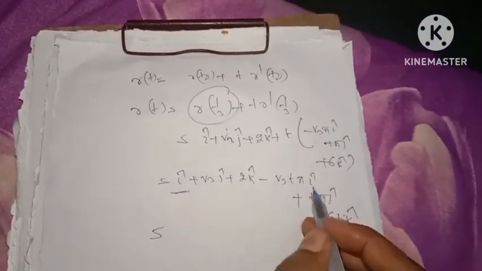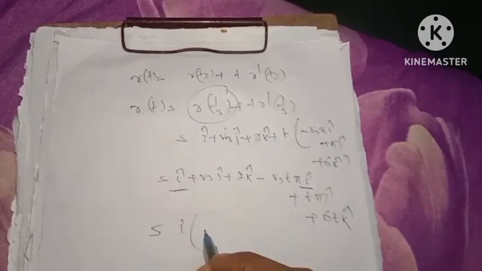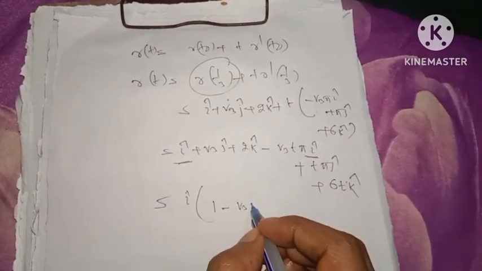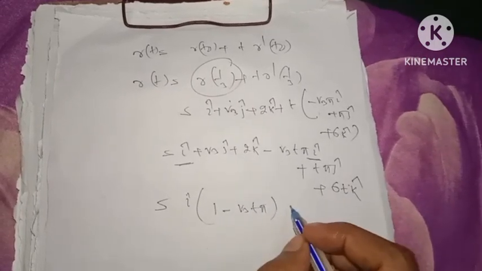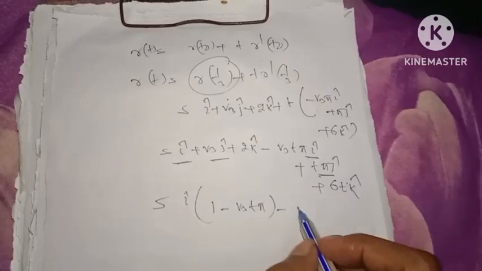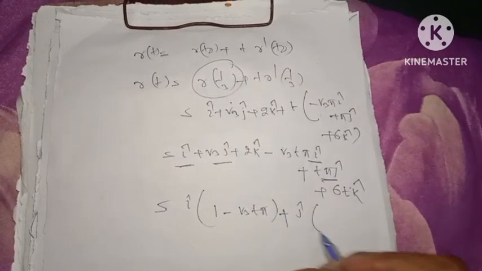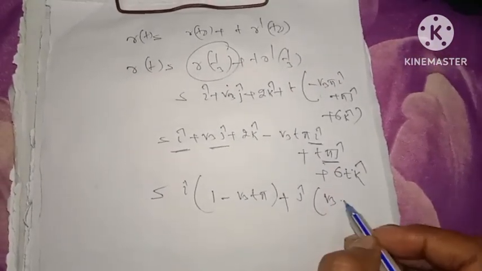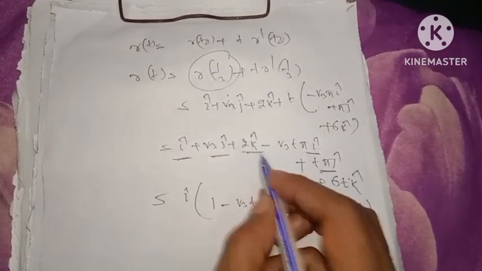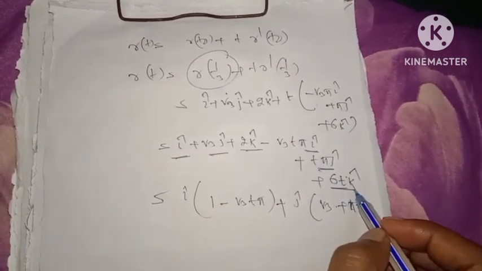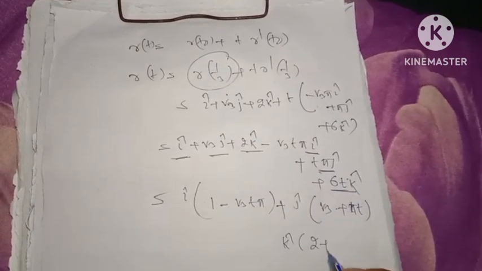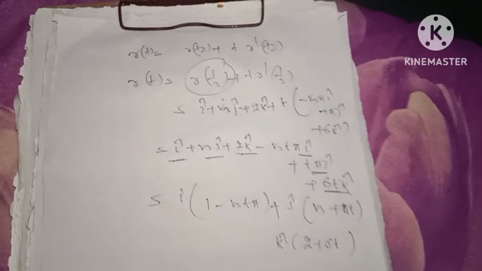So i cap will be common: 1 minus root 3 t pi. And j cap will be common: plus root 3 plus pi t. And k cap will be common: 2 plus 6t.